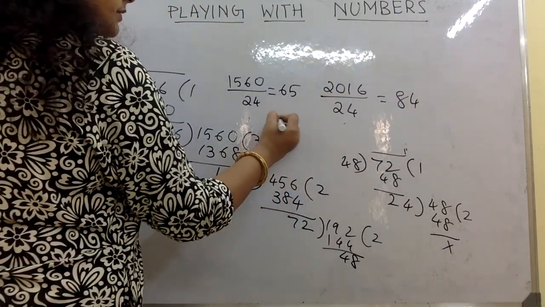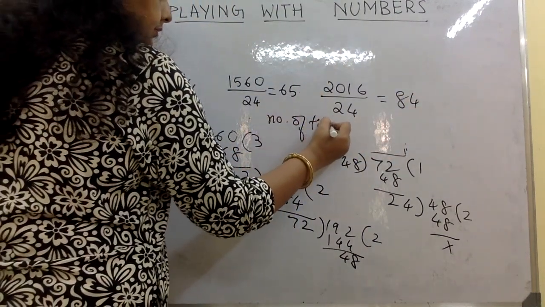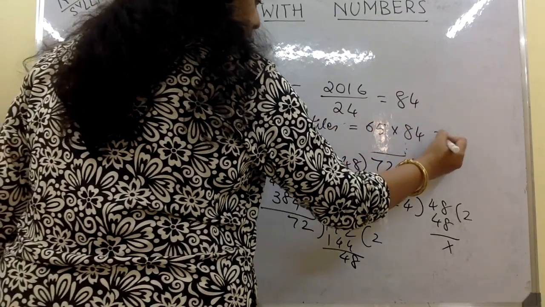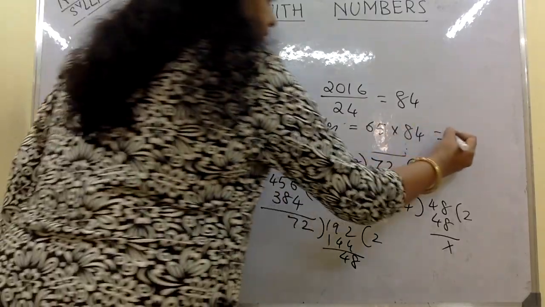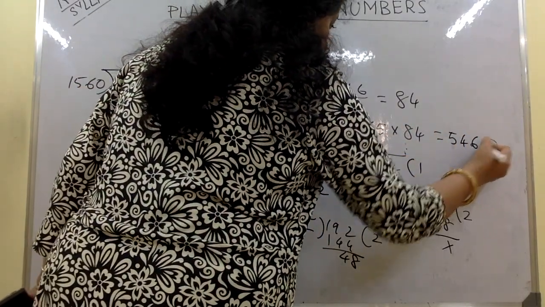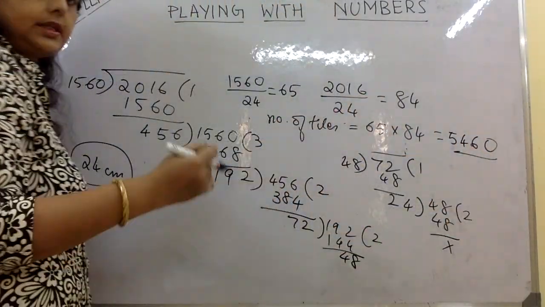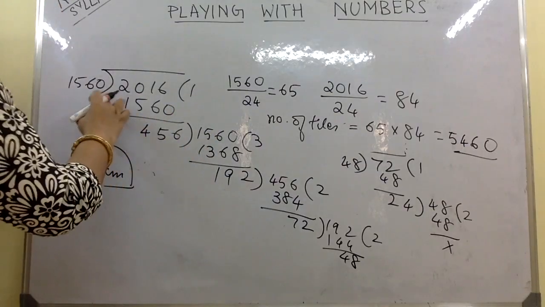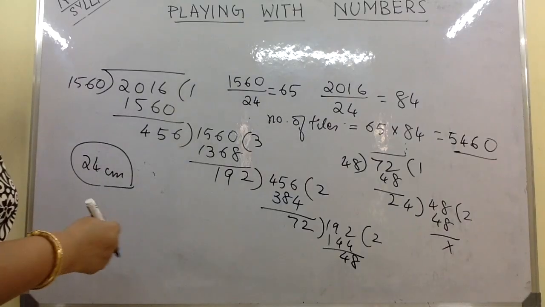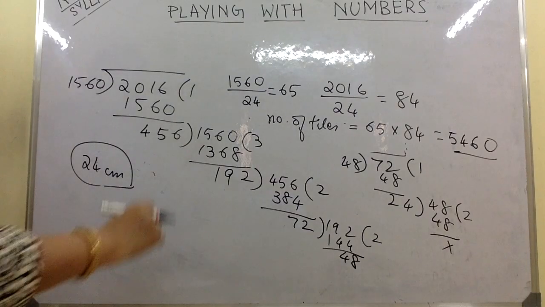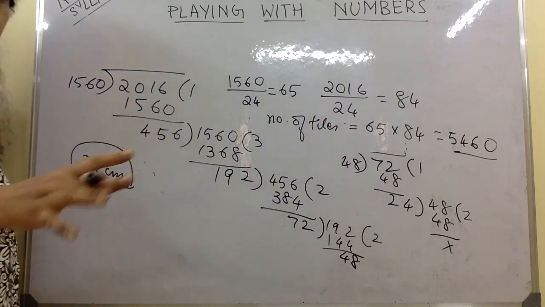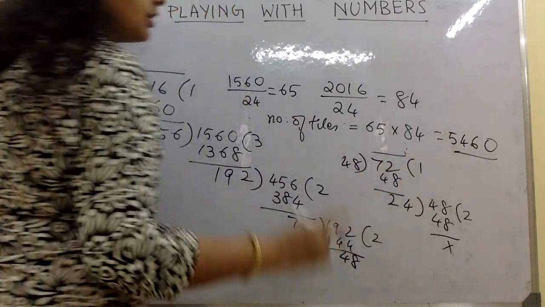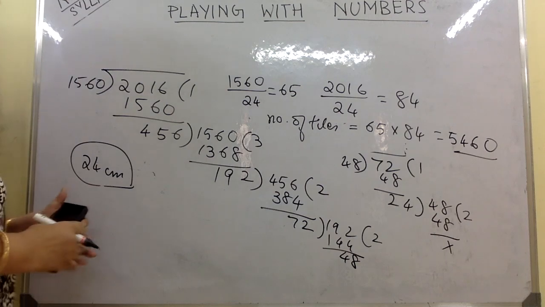Number of tiles is equal to 65 into 84, and that comes to 5460. Big number, but then the length was also quite big. This is this many centimeters, so 20 meters and 15 meters is not a small number. So 5460 tiles are required.